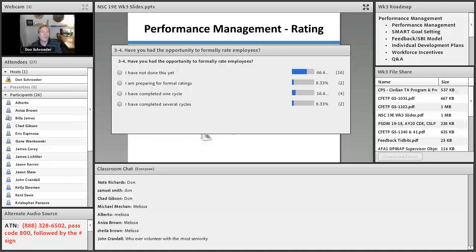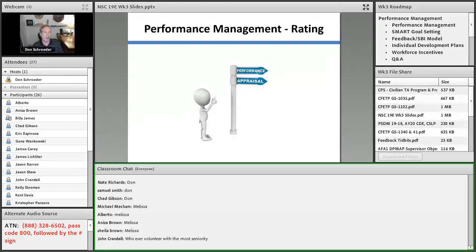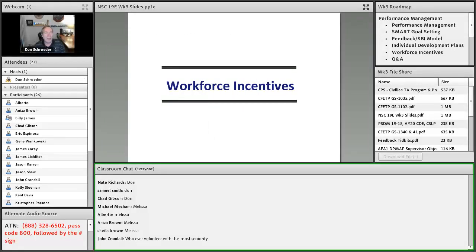Okay, good. So those 16 of you who said you haven't done this yet, remember, it's not easy, but there's a lot of guidance out there for you to help you in that particular process, all right? So don't be too nervous about it. It's okay, right? So when it comes to performance management, remember, you had your steps of planning and monitoring and rating and developing and so on.